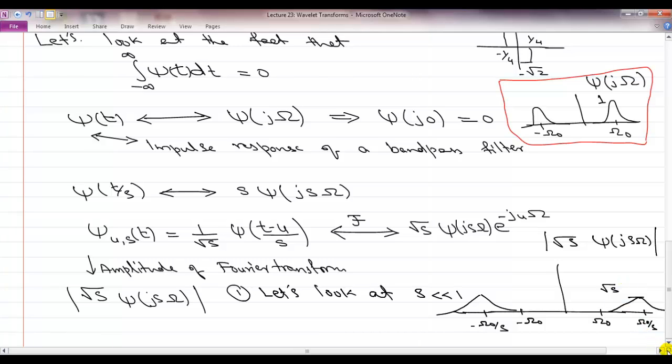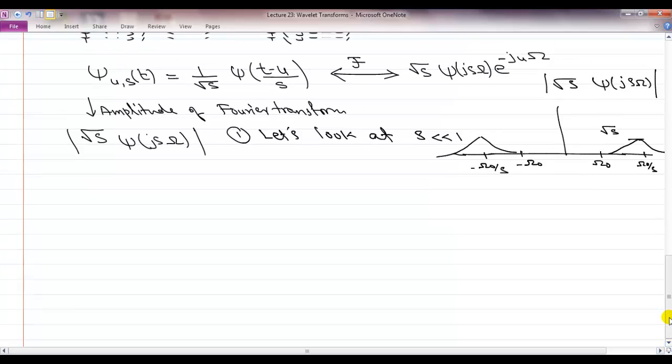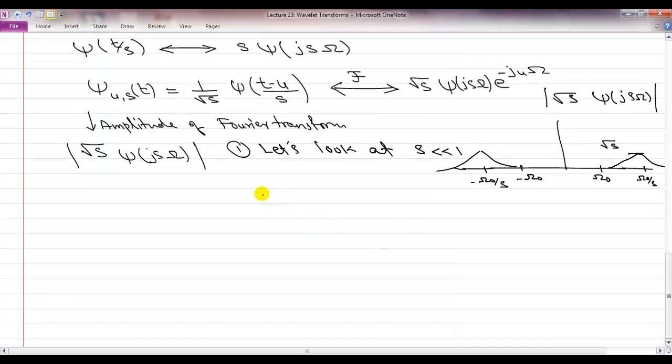If I take the example of Haar, this endpoint, instead of 1/2, will be s over 2, and this will be minus s over 2, which is much smaller than 1/2.